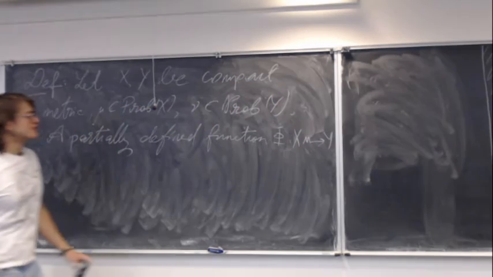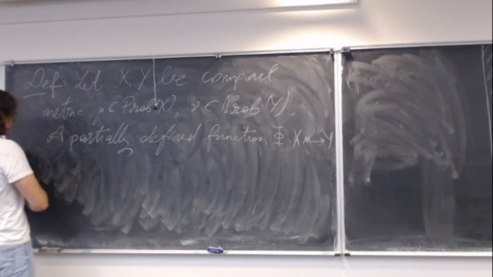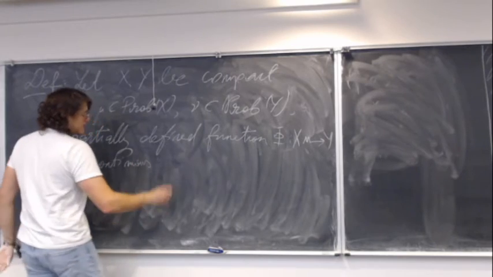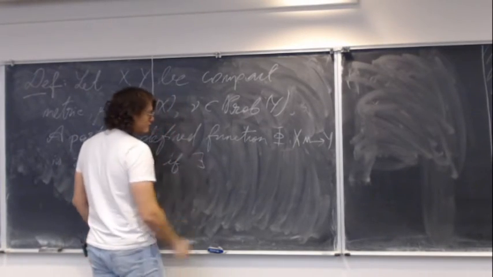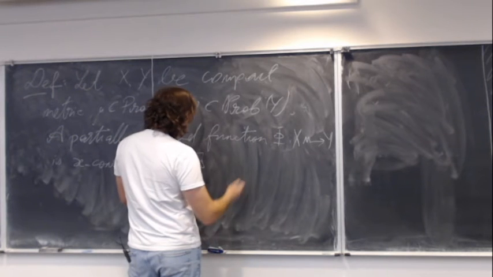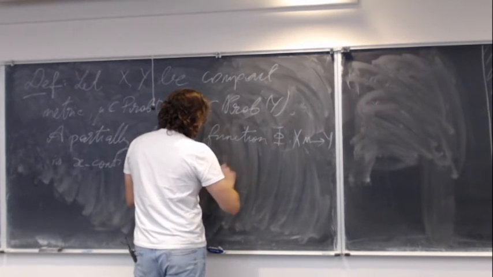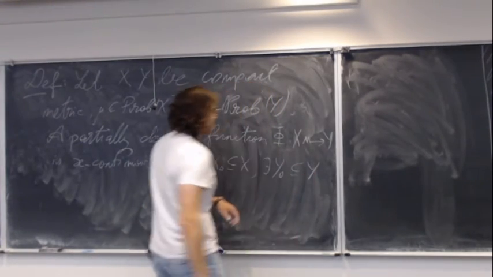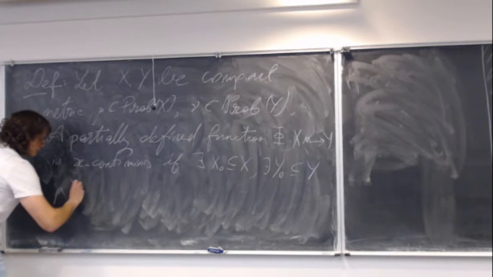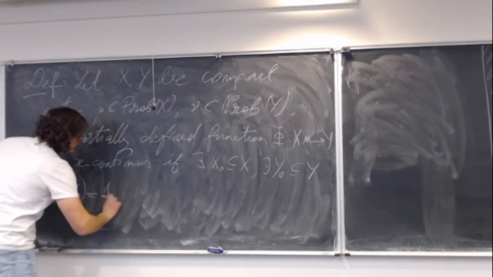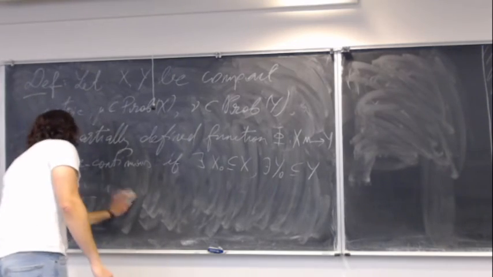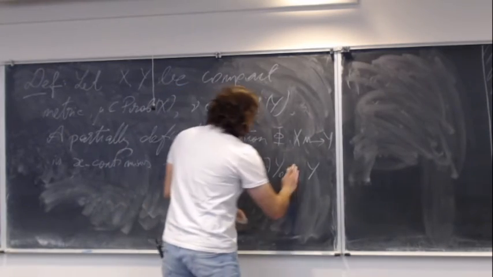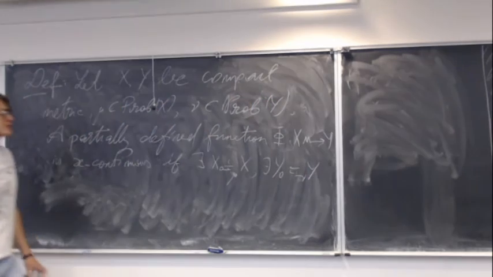A partially defined function phi from X to Y is Ash continuous if there is an x naught in X and a y naught in Y of full measure. Up to mu, x naught is the same thing as X. Up to nu, y naught is the same thing as Y.